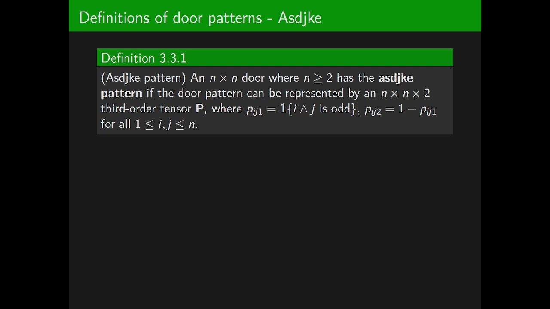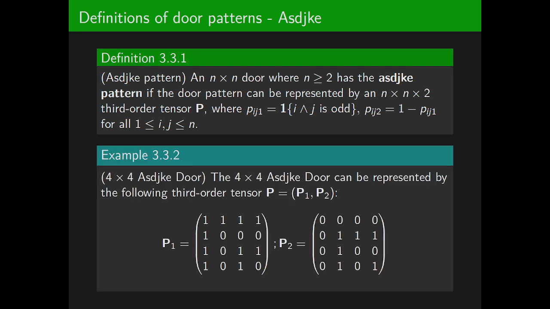So yeah, and then let me give you the example. The 4x4 Asdjke door can be represented by the following third order tensor P. I usually write it as P equals two matrices, P1 and P2, because I cannot really represent a third order tensor directly.